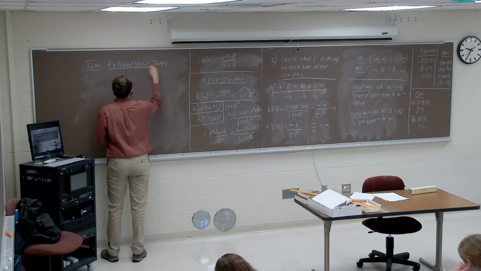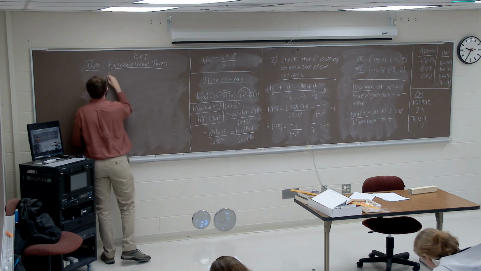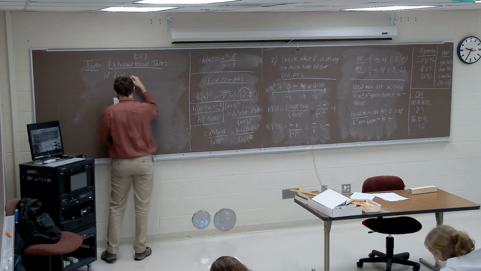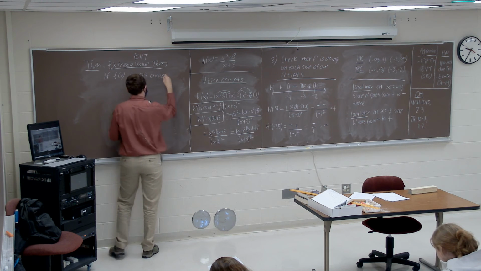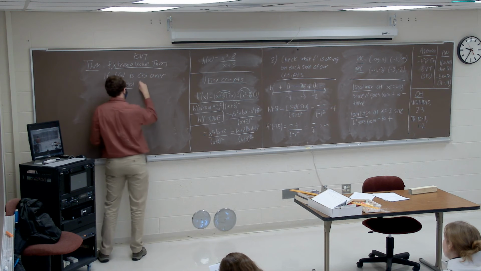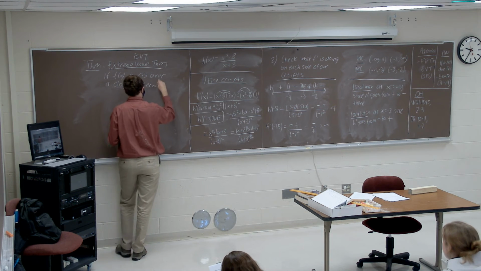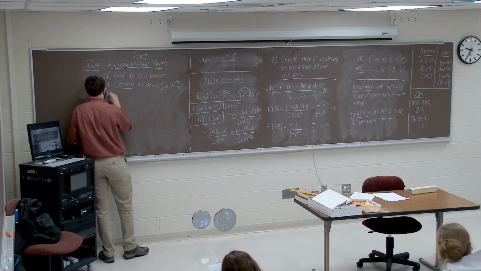From here on out, I'm probably going to abbreviate this as EVT, which says that if you have a function f of x that is continuous over a closed interval from a to b, then two things happen.